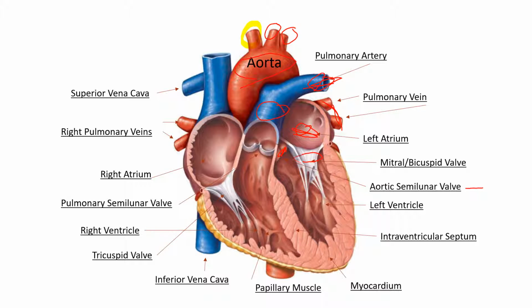Here we'd have the mitral or the bicuspid valve. This entire section of the heart we know to be the left ventricle. This little piece right here, which separates one ventricle from the next, one side of the heart from the next, is what we know as our intraventricular septum. This little fatty area around the heart is what we know to be the myocardium.